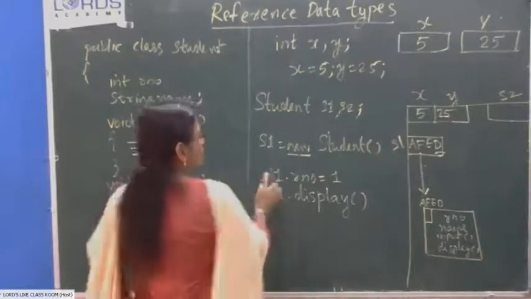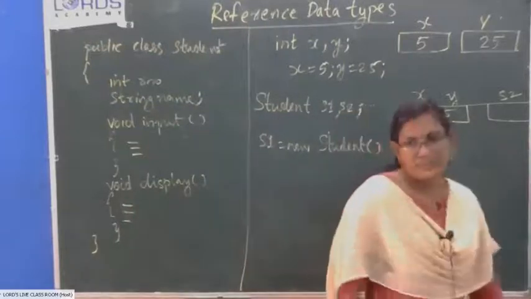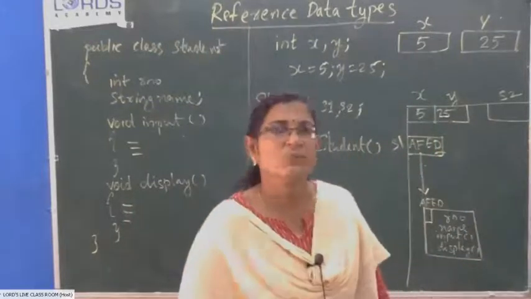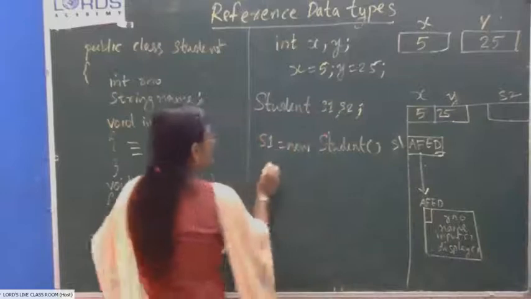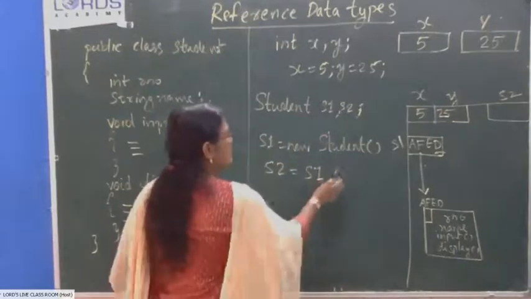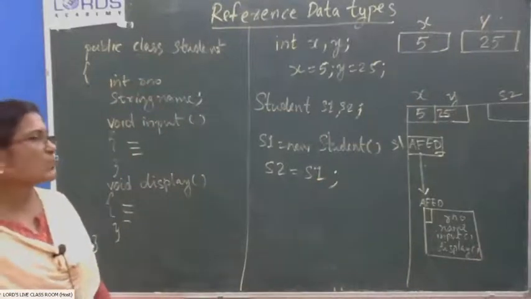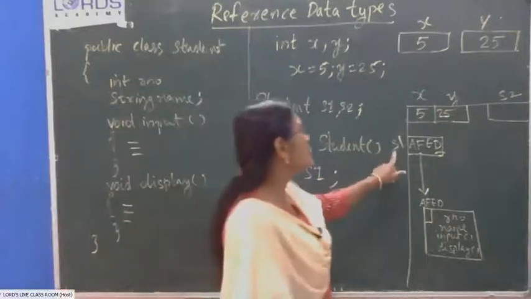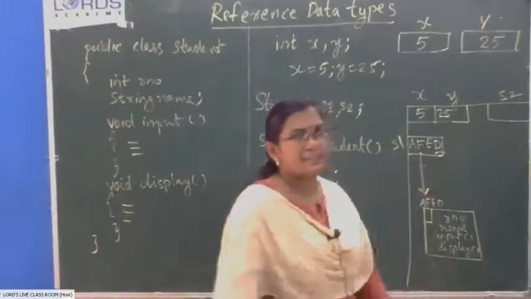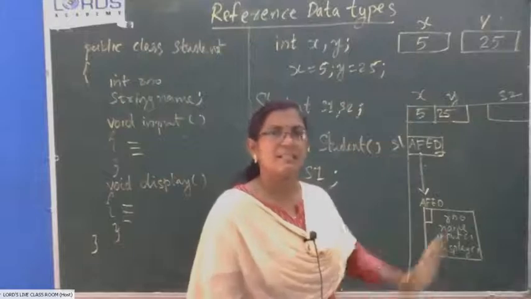Now, our S2 is free. Am I right? S2 is free. So, if I say S2 equal to S1, what will happen? What is there in S1? In S1, AFED. It's an address of a student type object which is created in the memory.